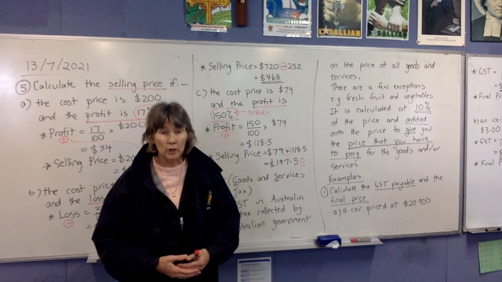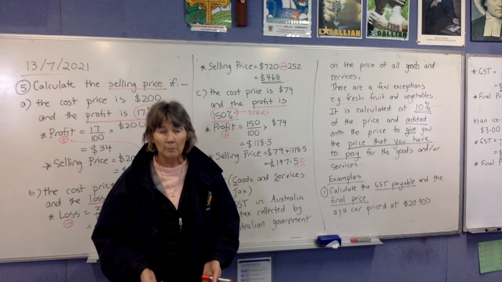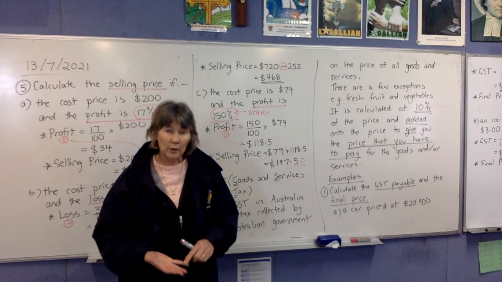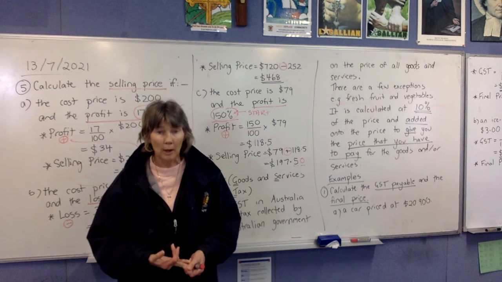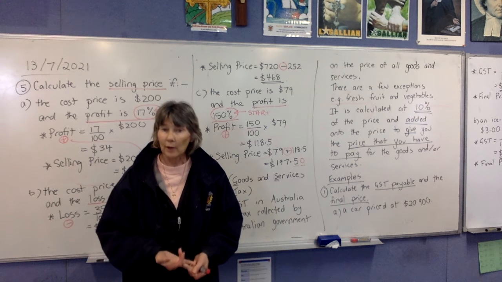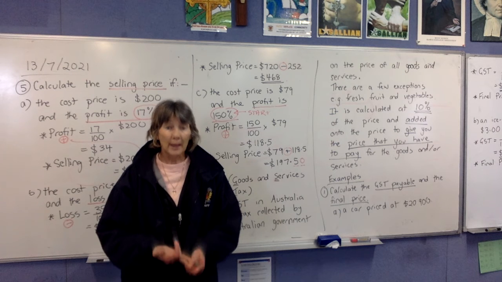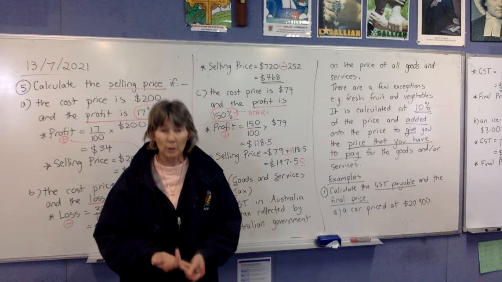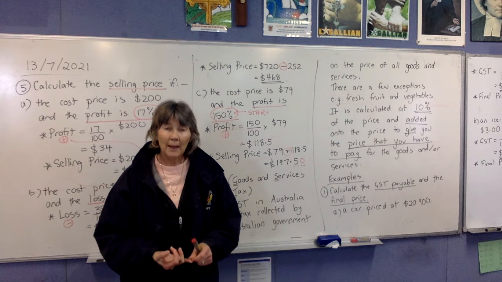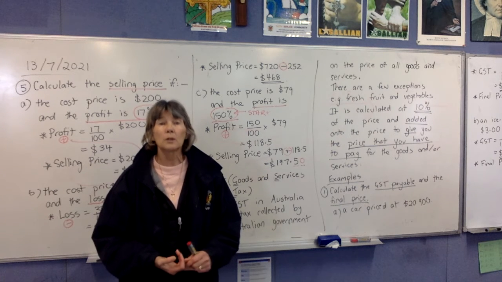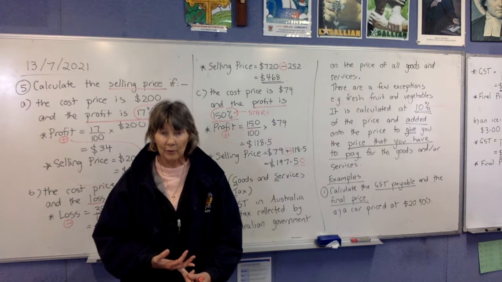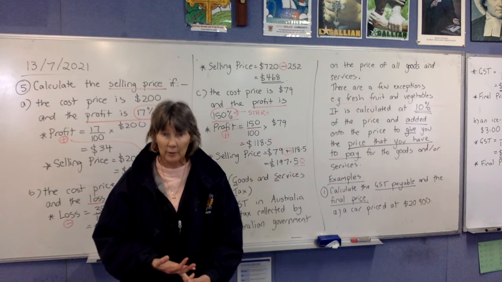So if you get an electrician in to put in some power points at home, they will charge you for the actual power points, their goods. They'll also charge you for their time. They might be charging $85 an hour. That is a service. You will pay extra on top of that for the power points, the goods. You'll also pay extra on top of that $85 an hour for the service.